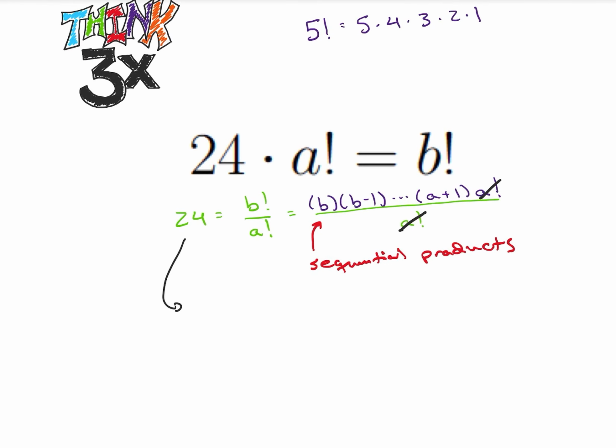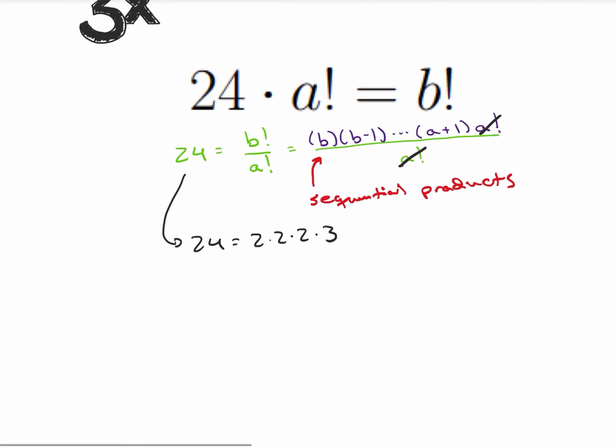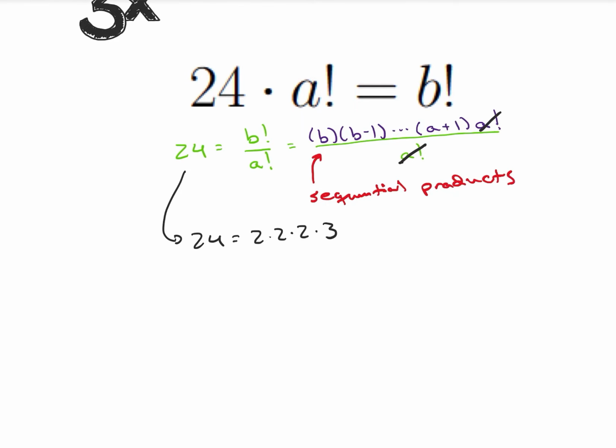So let's look at the number 24. 24 is equal to 2 times 2 times 2 times 3. Let's look at all of the possible divisors of 24. I can have 1, 2, 3, 4, 6, 8, 12, and 24.